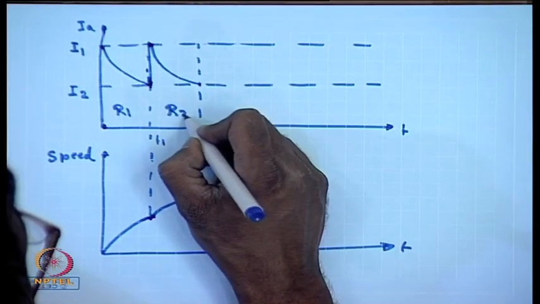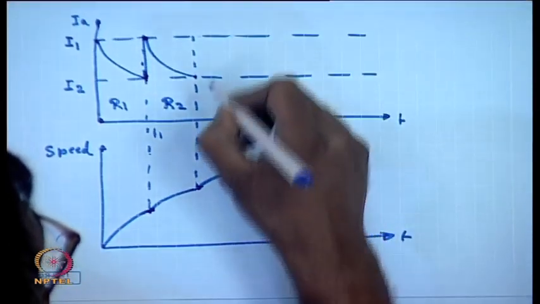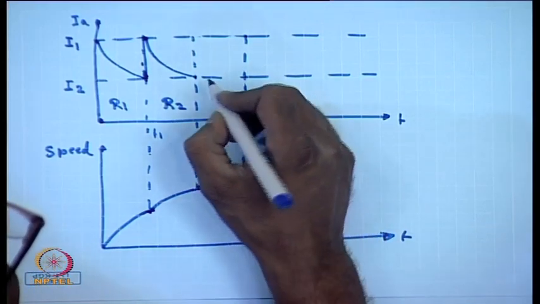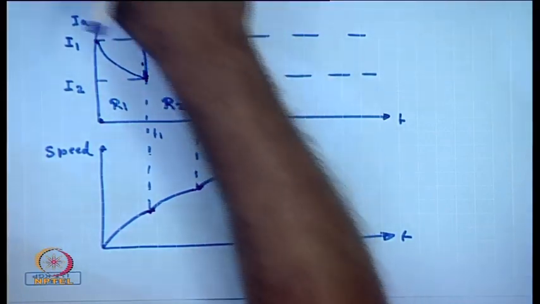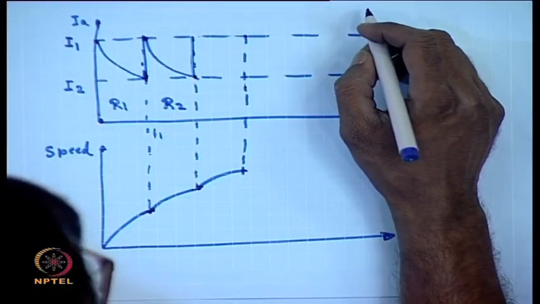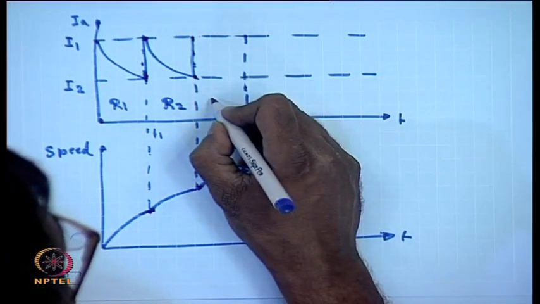Here it will be R2. Once current again falls back to I2, C2 is closed and current again jumps back to I1. So, here it is R3.